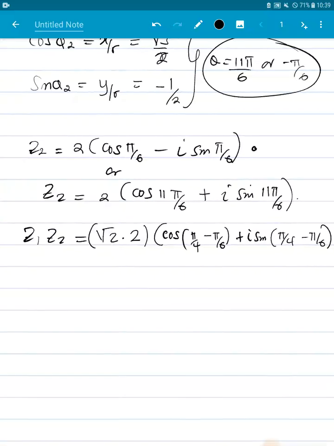Good. Then we can now say this is 2 root 2 times cos pi over 12 plus i sin pi over 12. You can also do the same for this one and the first one.